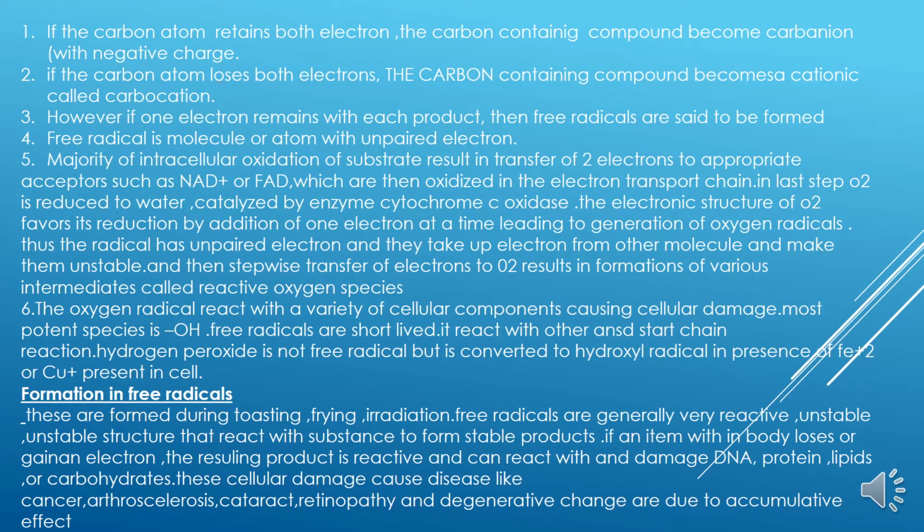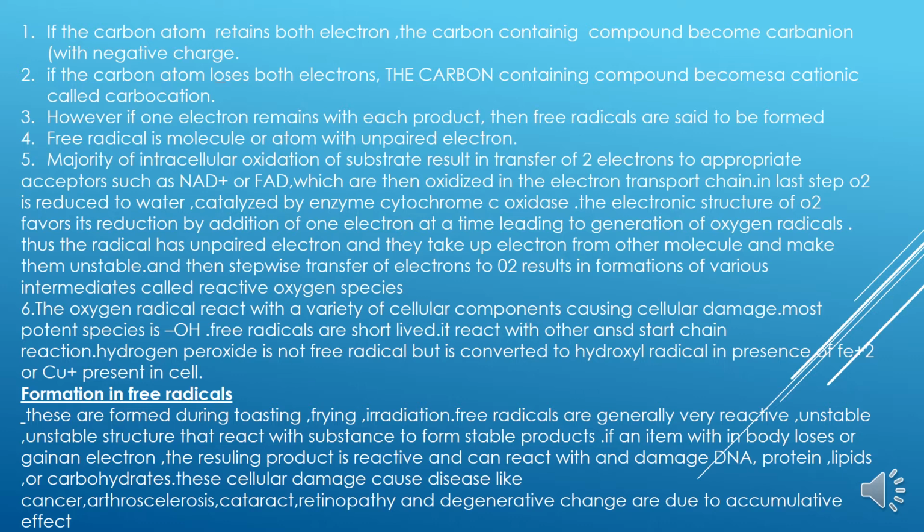The majority of intracellular oxidation of substrate results in the transfer of two electrons to appropriate acceptors such as NAD+ or FAD, which are then oxidized in the electron transport chain. In the last step, oxygen is reduced to water, catalyzed by the enzyme cytochrome c oxidase. The electronic structure of oxygen favors its reduction by addition of one electron at a time, leading to generation of oxygen radicals.